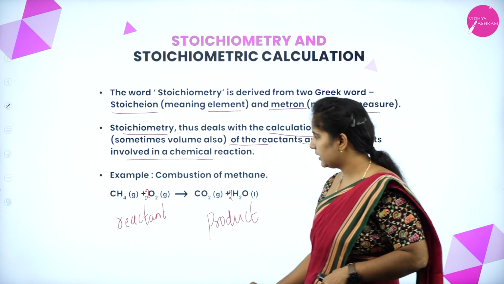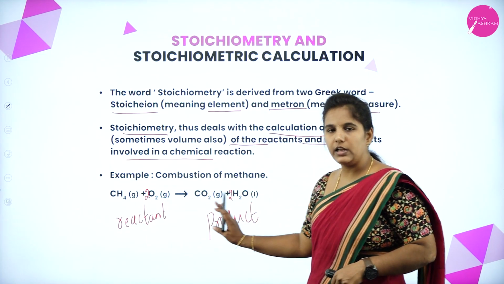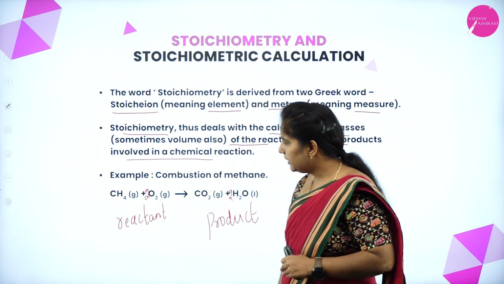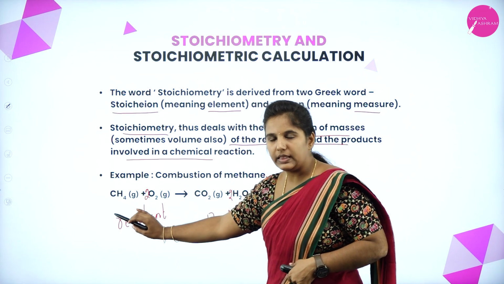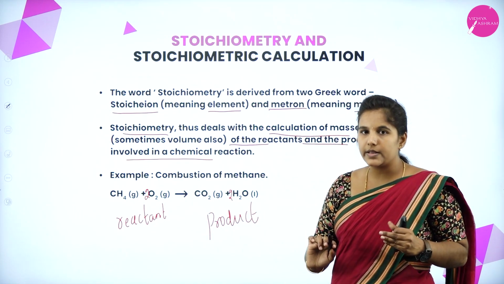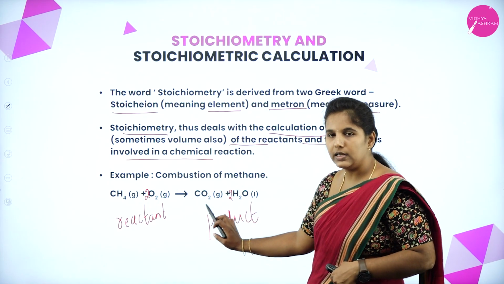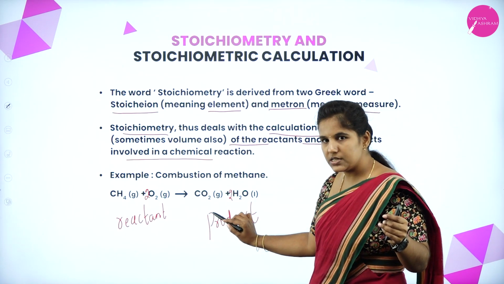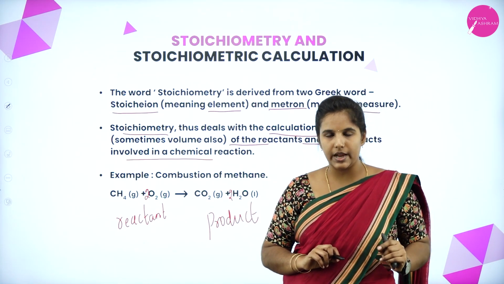So here you can clearly say that there are two reactants combining together and forming products. The reactants, methane and oxygen, are present in the gaseous state, whereas of the two products, carbon dioxide is present in the gaseous state and water is present in the liquid state.